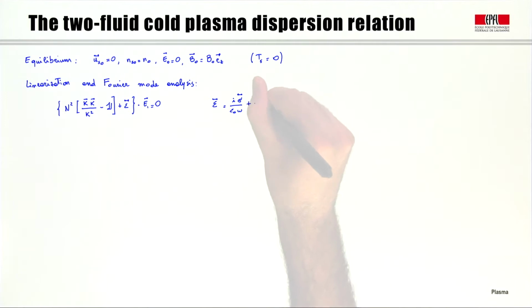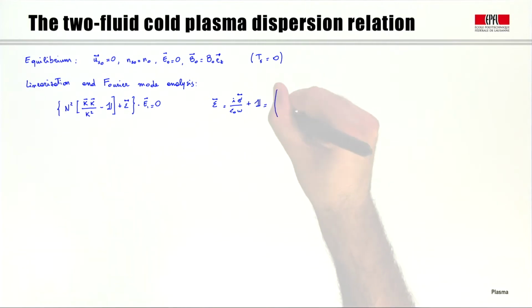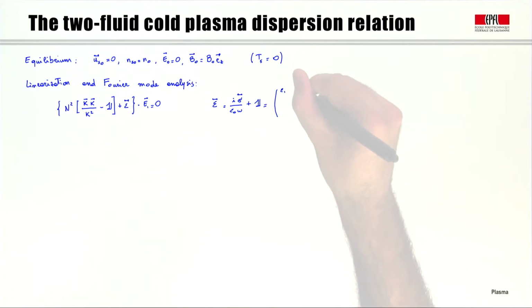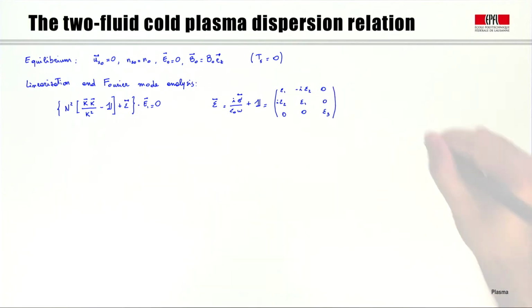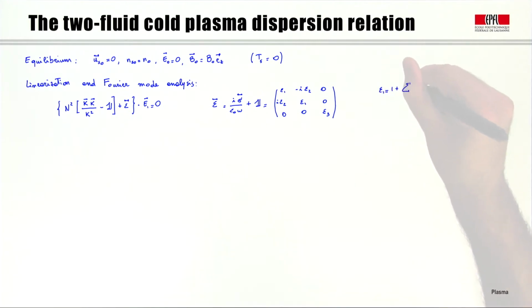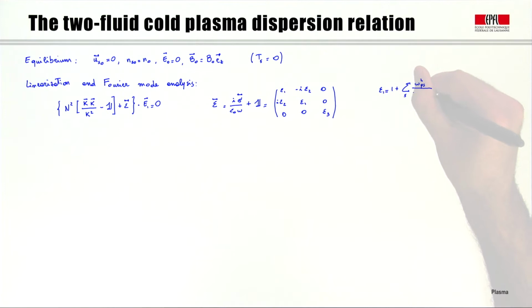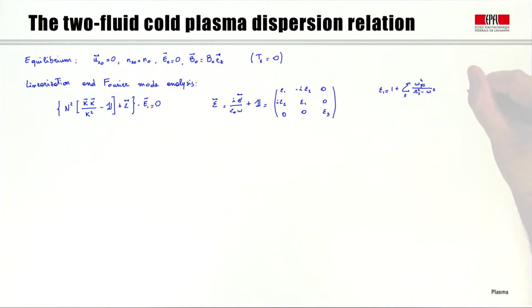And as we have seen in the past module, this can be written by introducing three functions, epsilon 1, epsilon 2, and epsilon 3, where epsilon 1 is equal to 1 plus the sum over all species of the plasma frequency divided by the cyclotron frequency. Just to remind you the definition of omega s, the cyclotron frequency, and of the plasma frequency.